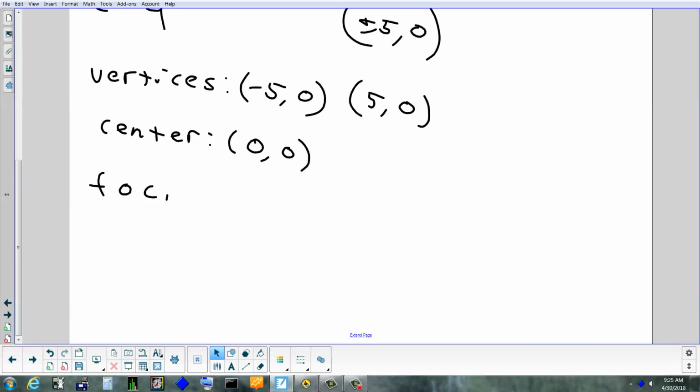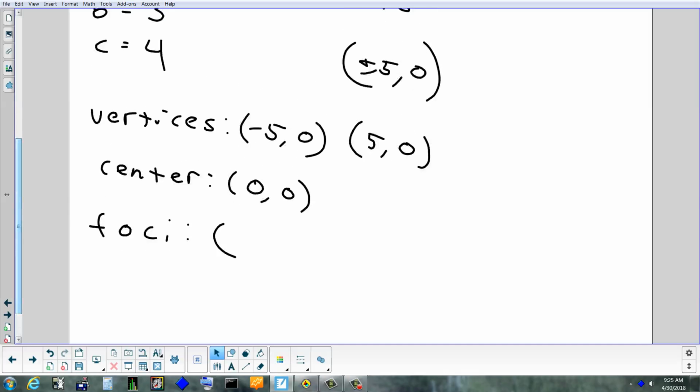All right, so we've got the vertices, the center, foci. Rebecca, what's going to be the coordinates for my foci? Yep. And negative 4, 0. Okay. So 4 units left, 4 units right.